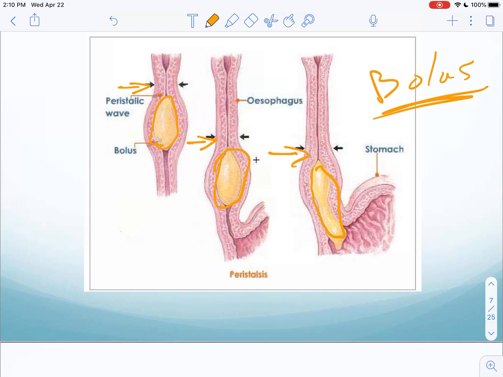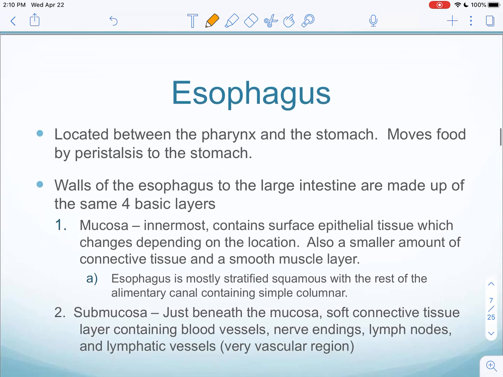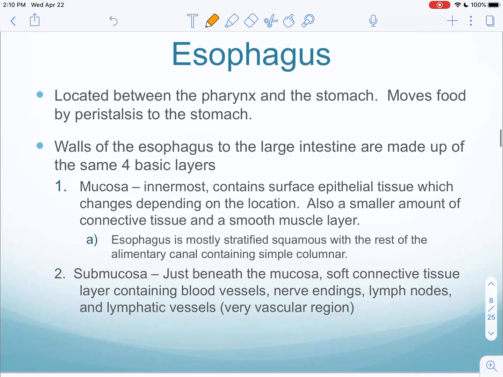The mucus helps bind it, and that's why you swallow it as one unit. That's what helps keep it together to force it all down at once. In the esophagus it doesn't really have much of a digestive function. It's just a passageway. It's a tube from pharynx to stomach.